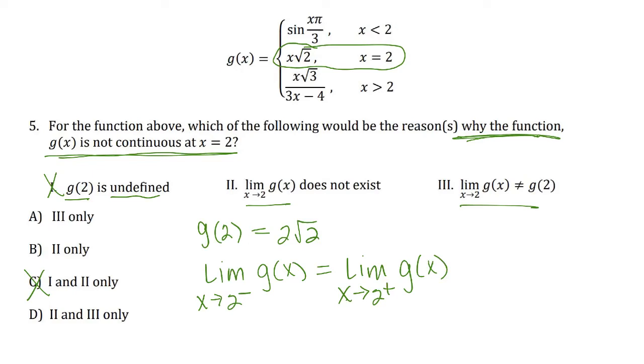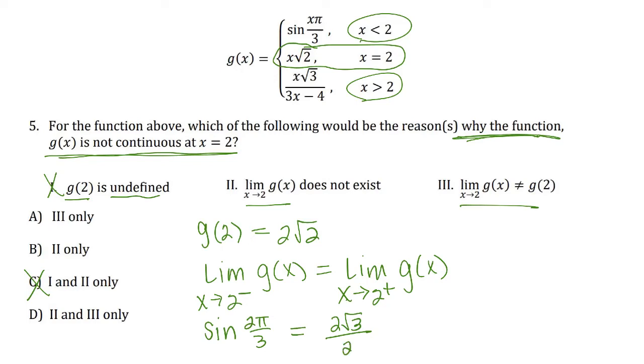So the limit as x approaches 2 from the left, that's going to be all these values that are less than. So that's going to be sine of 2 pi over 3. And I want to know, is that equal to the limit from the right? It's going to be the bottom piece, which is going to be 2 square root of 3 all over 2.